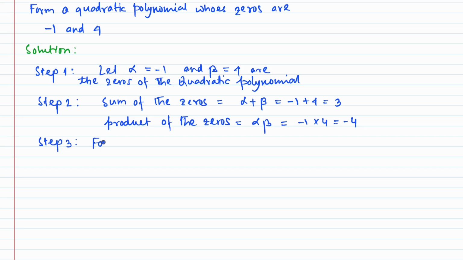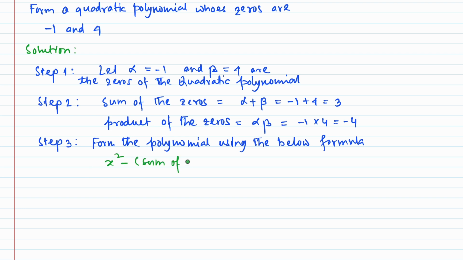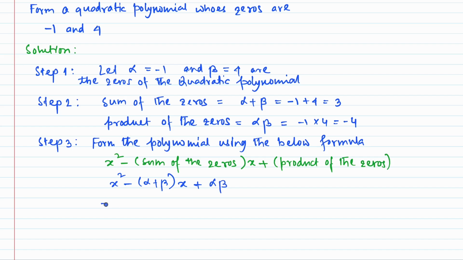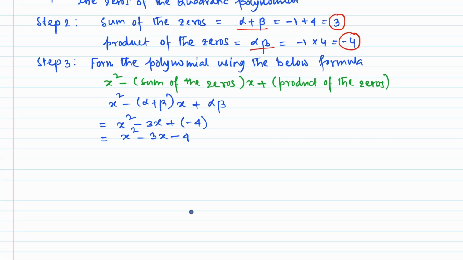And step 3, we will apply the formula: x square minus sum of the zeros times x plus product of the zeros, which is nothing but x square minus (alpha plus beta) times x plus alpha beta. Putting the values, x square minus 3x minus 4. So the required polynomial is x square minus 3x minus 4.